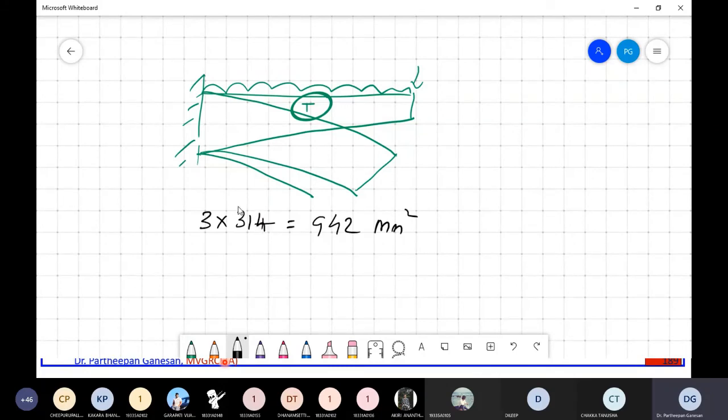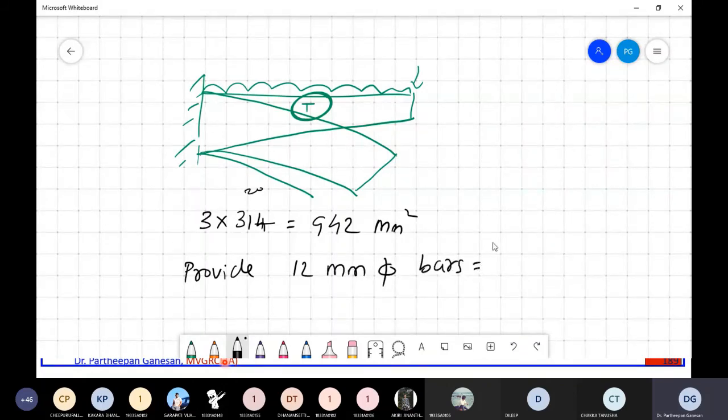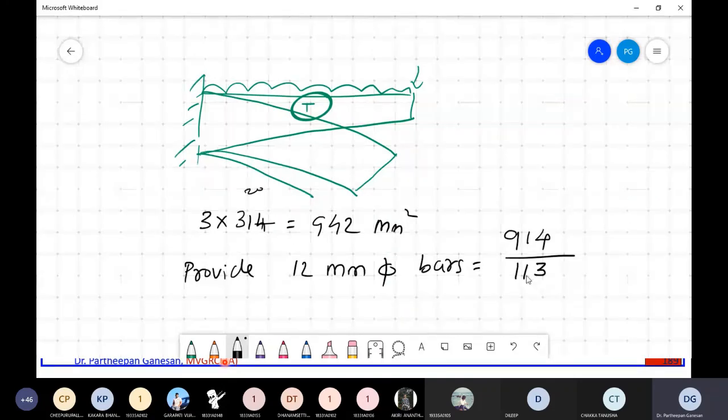I don't have 20 mm bars. So if I provide 12 mm diameter bars, how many do I need? I need 914, the area required, divided by 113, because the area of a 12 mm bar is 113. So it is almost going to be 8 point something. How much is it? 9 point something, or 8 point? Yes, sir.